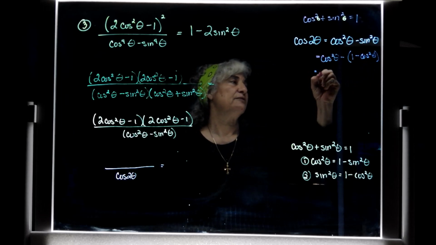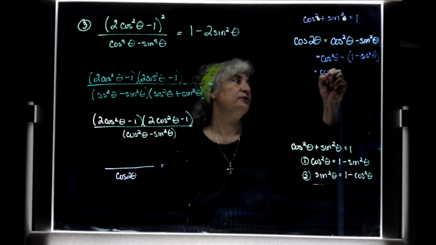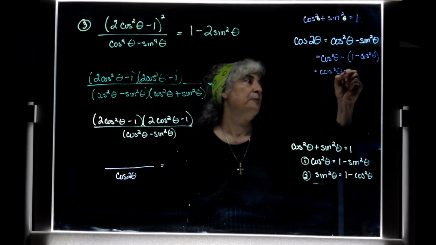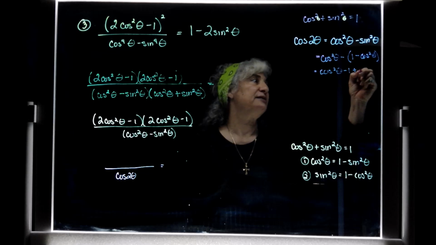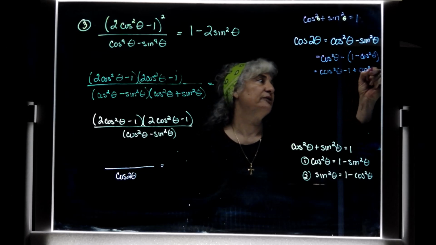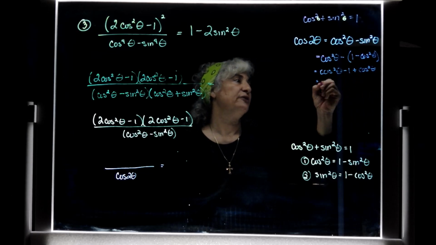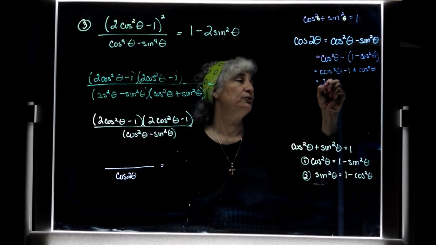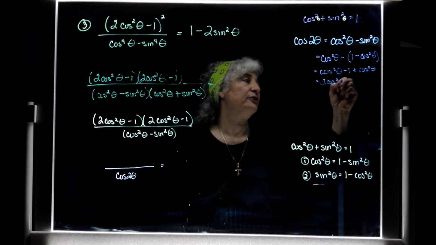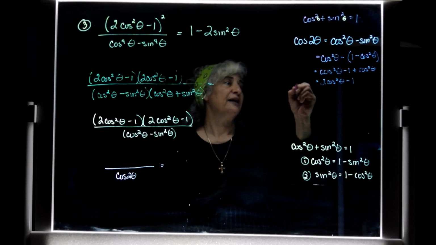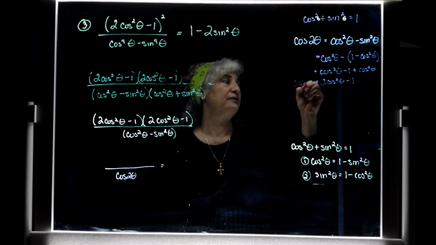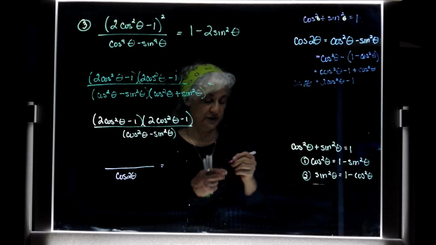Which gives me cosine squared theta minus 1 plus cosine squared theta, which will give me 2 cosine squared theta minus 1. That's also another way of writing cosine of 2 theta.